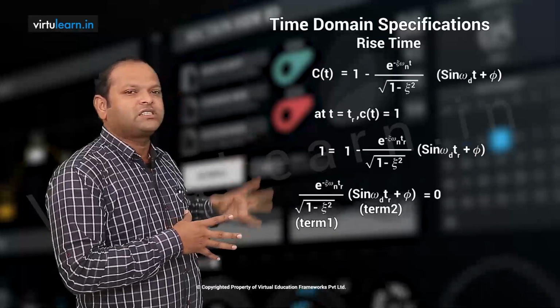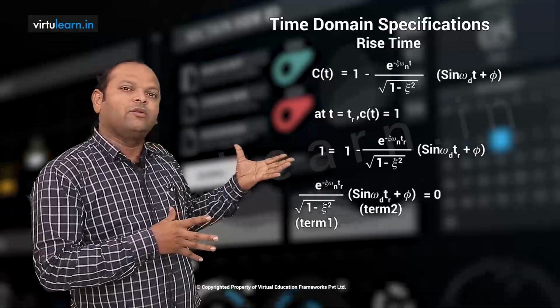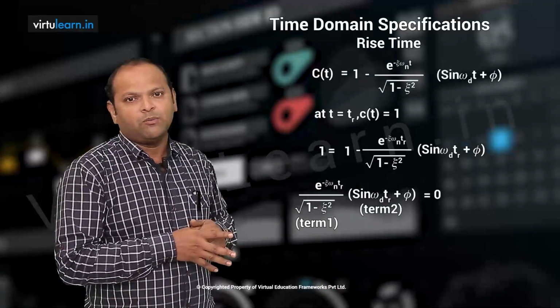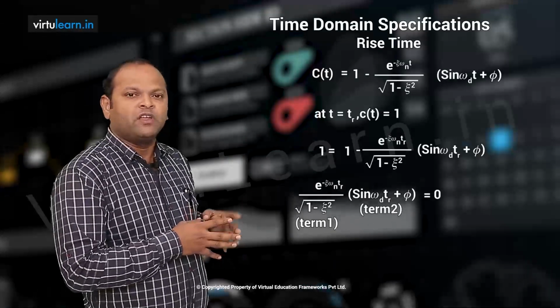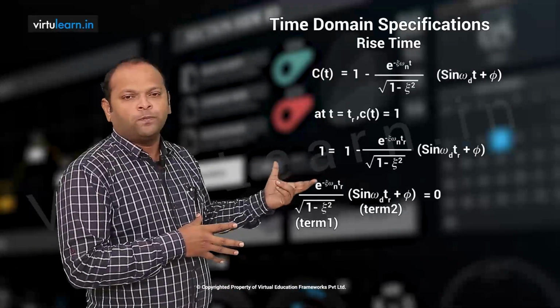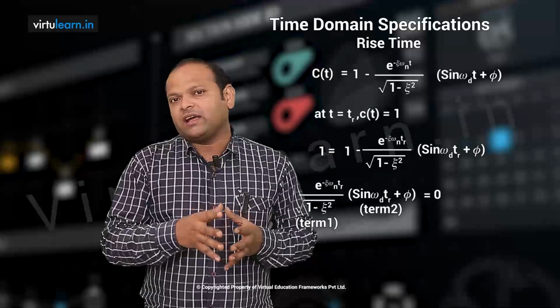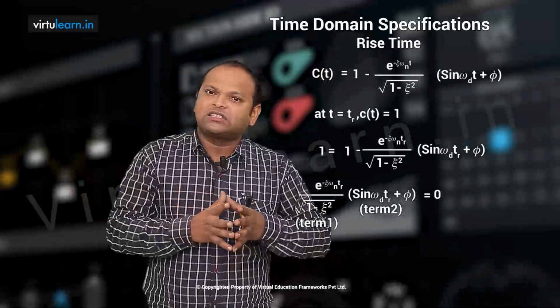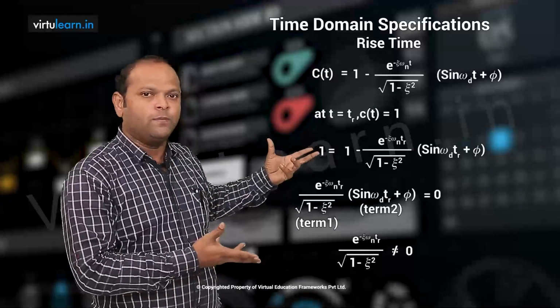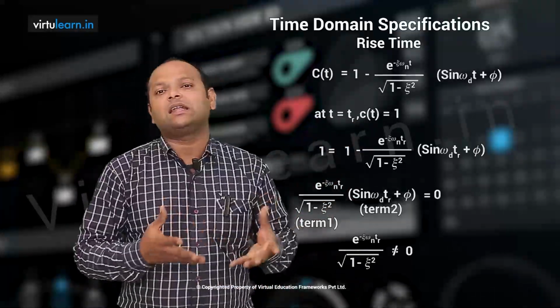Let us look at the first term. This will be 0 when tr is infinity, because it is e power minus t term. But we are not looking at tr at infinity, we are still in the transient period only. So this e power term cannot be 0.